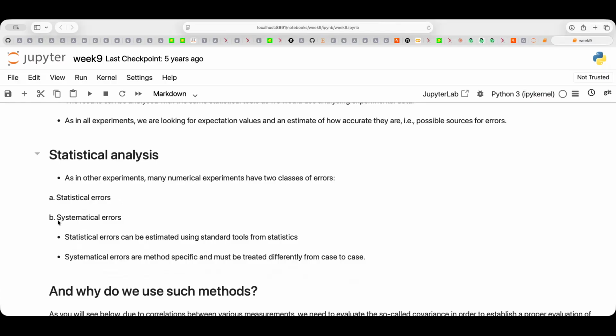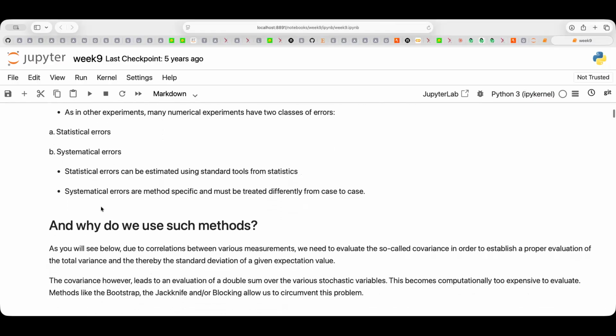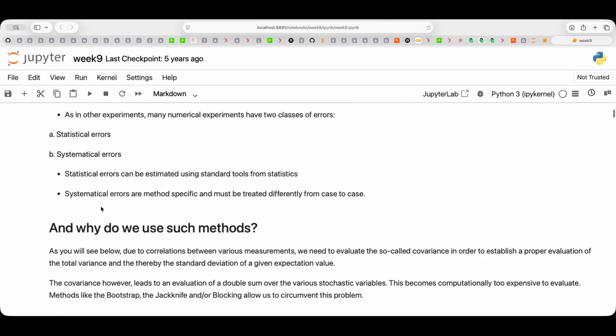The more difficult ones, the systematic errors, go back to the basic assumptions about the science we're doing, in our case the Hamiltonian we're using, and these are much more difficult to evaluate. That's why statistical errors are things which we can do, and then we should do it.